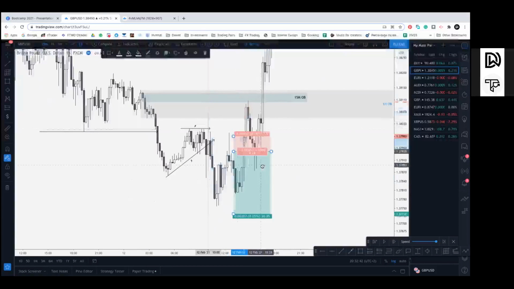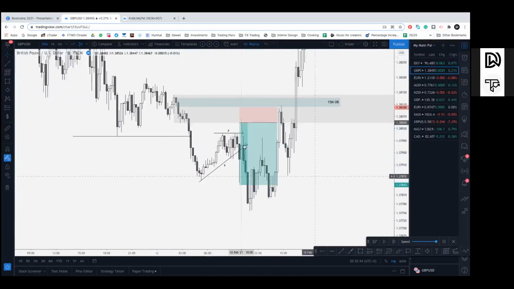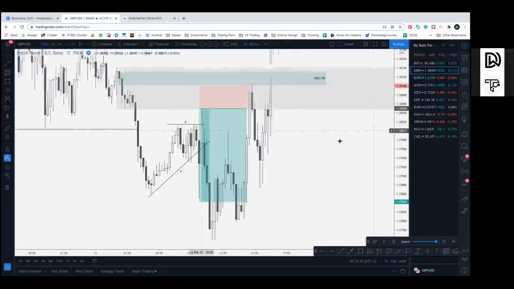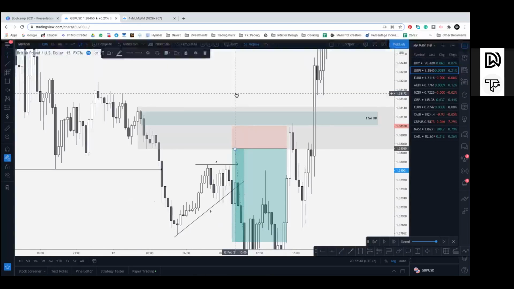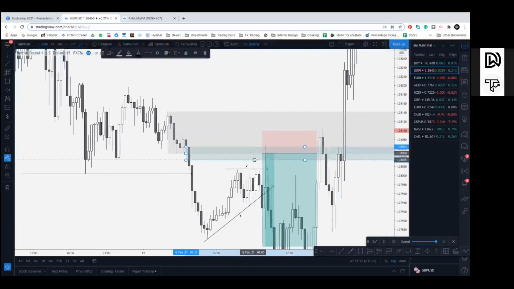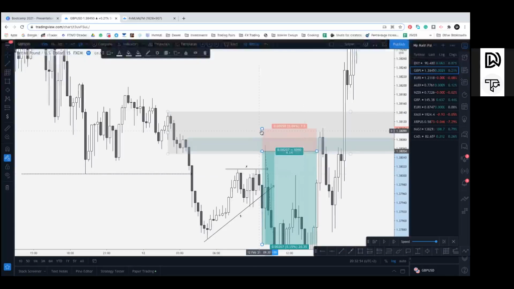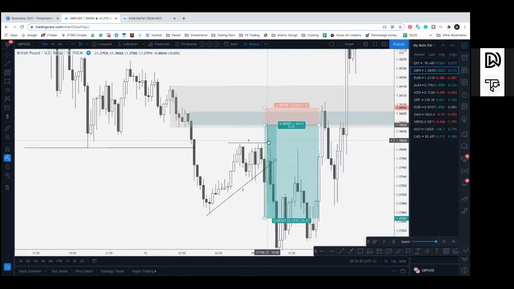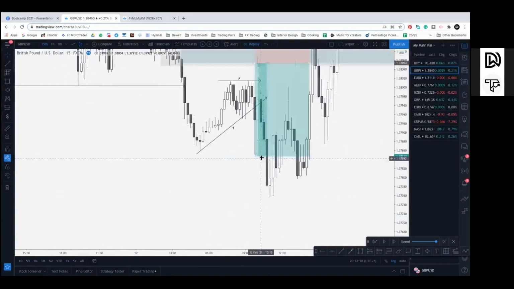No, I'm confusing myself now. This was the push because the trend line is there. Yes, there it is. It did tap into it. I was right. So the entry there, stop loss above at London Open, and it pushed down.